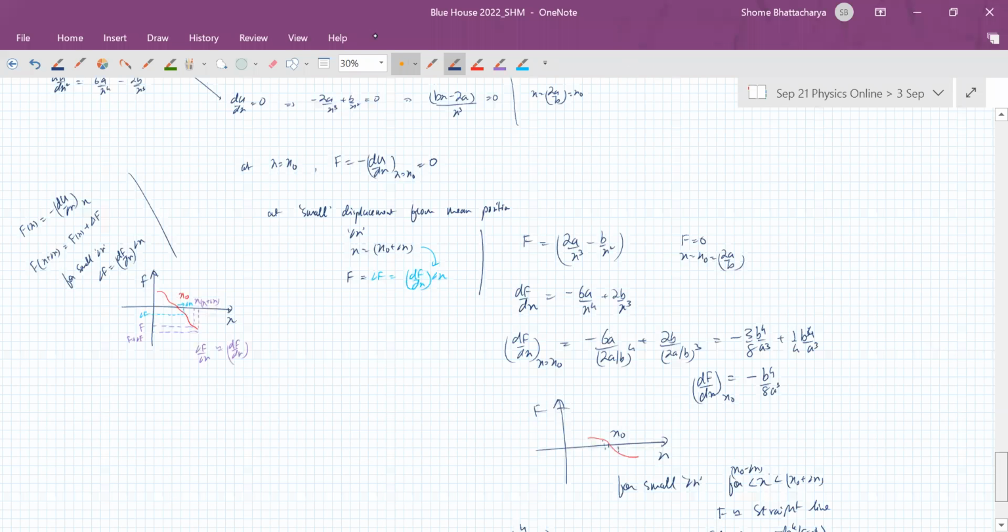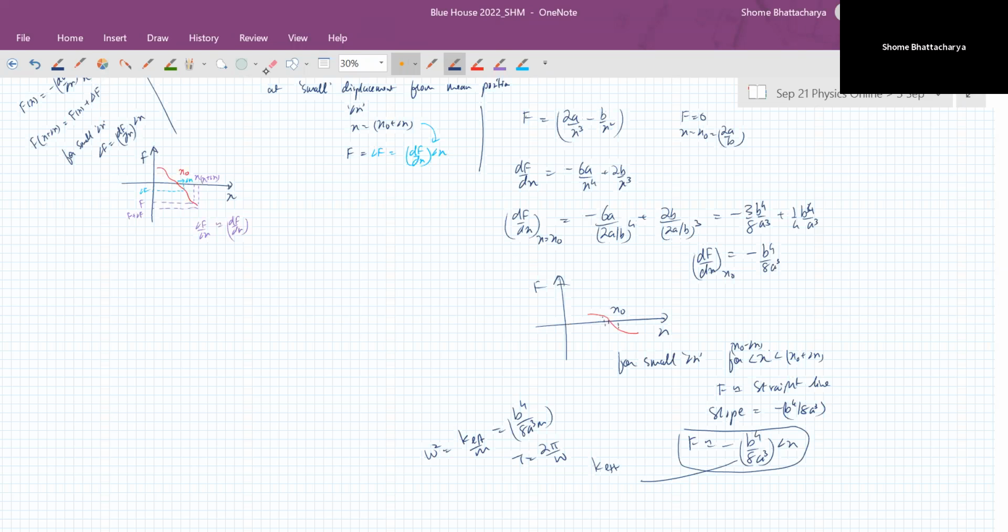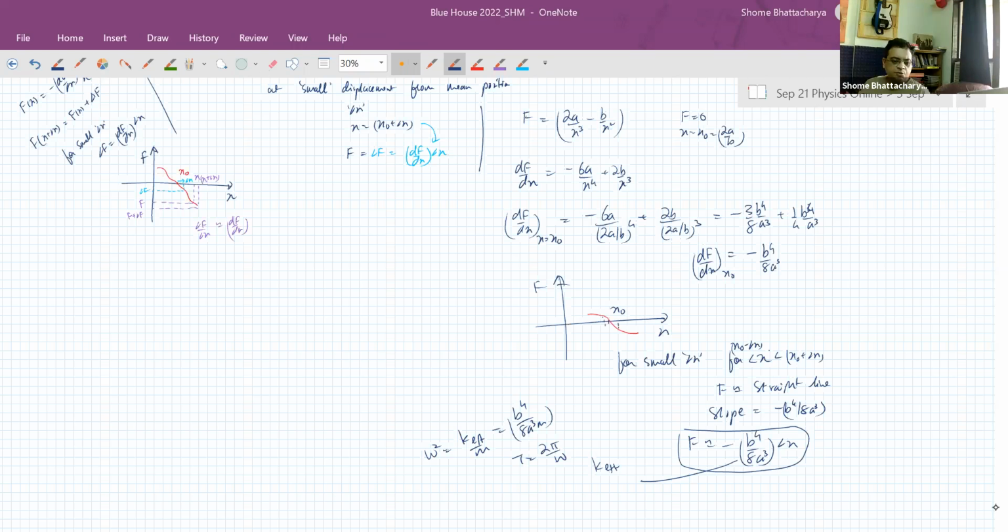So this is the concept that any general oscillation can be approximated to a simple harmonic motion if it is having very small amplitude. So let me explain this point again.